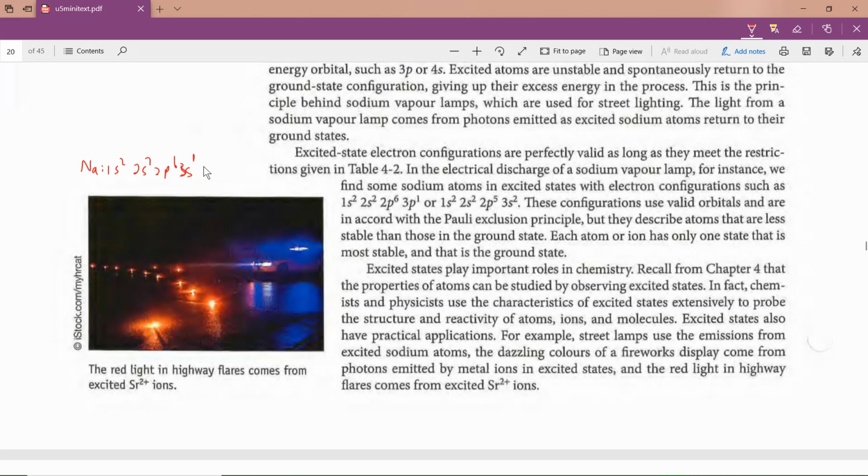There are all these rules about which goes where, but you could, for example, take the 3s valence electron and kick it up to a 3p. That is one thing you could do. Or you could take one of the electrons in the 2p subshell and kick it up to the 3s. But they're less stable than the ground state. Each atom or ion has only one state that is most stable, and that is the ground state.